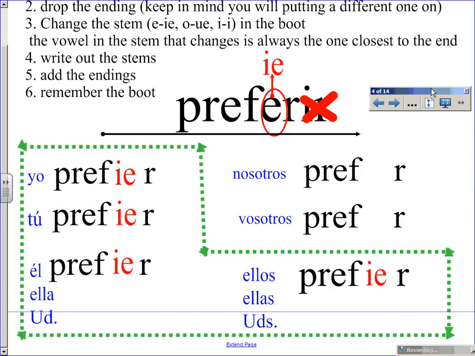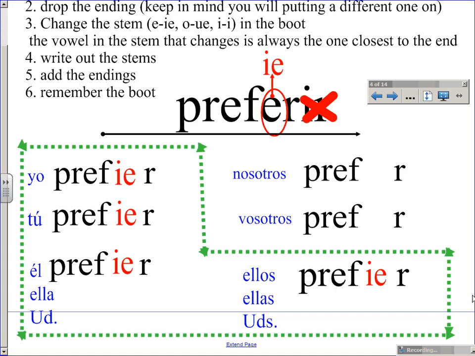The nosotros and the vosotros do not have the IE stem changer in there. And another way to refer to verbs that do this is to call them boot verbs. A lot of Spanish teachers will call it a boot verb to help you remember that if you draw a boot around your verb conjugation, you will have the right ones.